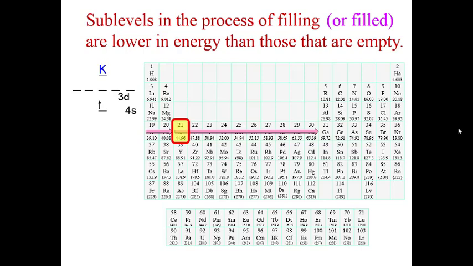Here, neither sublevel is empty. Note that in scandium, there may be d orbitals that are empty, but the entire 3d sublevel is not empty. So our rule doesn't apply to 4s versus 3d in scandium. In fact, experiments on the electrons in a scandium atom show that 3d is at lower energy.